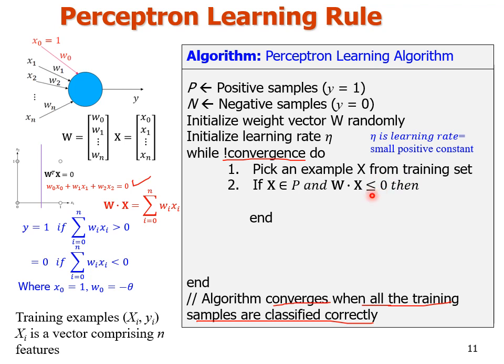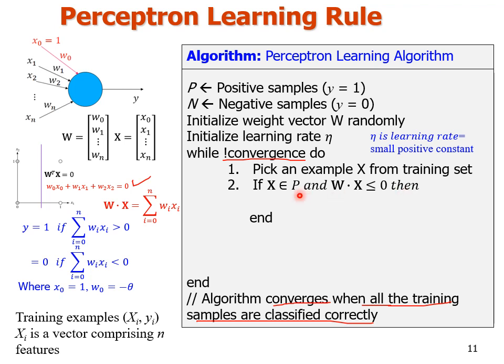If it is less than 0, then according to the expression the output should be 0, that means negative, and if the sum comes out to be 0, that means the sample lies on the decision boundary. So if these two conditions are satisfied, the sample is actually positive, but according to the perceptron condition the summation comes out to be negative or equal to 0, so the computed class is negative.